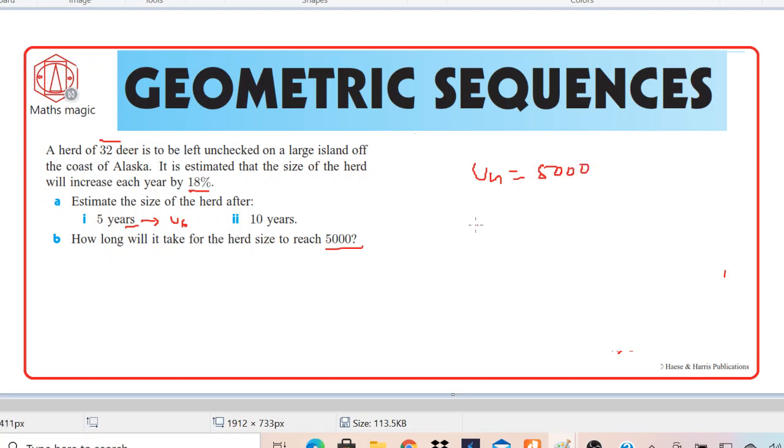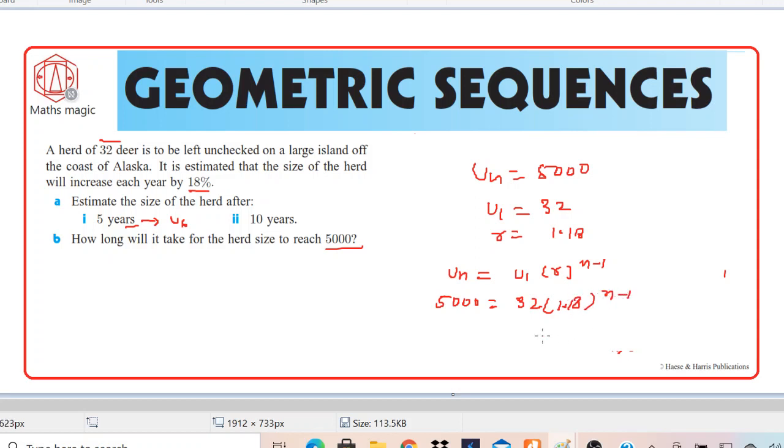We have U1 as 32 and r as 1.18. So we use the formula U1 r to the power n minus 1: 5,000 is equal to 32 times 1.18 to the power n minus 1.